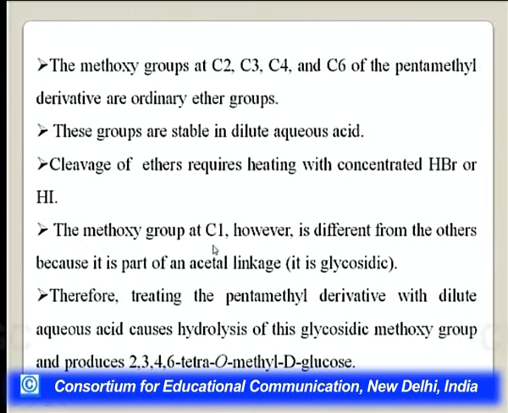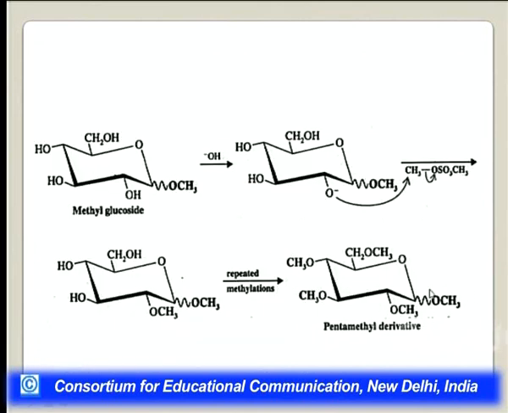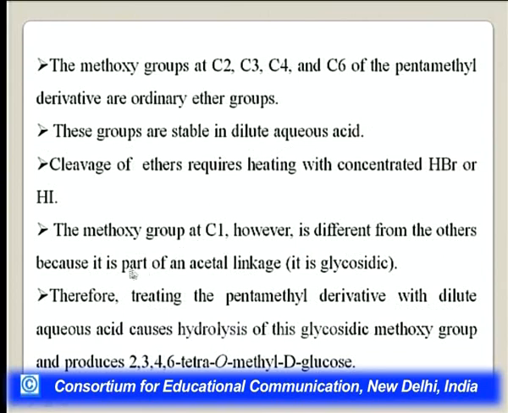The methoxy group at carbon number 1, however, is different from the others because it is part of an acetal linkage. For now we are talking about this. This is carbon number 1. It will not cleave easily, right? Therefore, treating the pentamethyl derivative with dilute aqueous acid causes hydrolysis of this glycosidic methoxy group and produces 2,3,4,6-tetra-O-methyl-D-glucose.